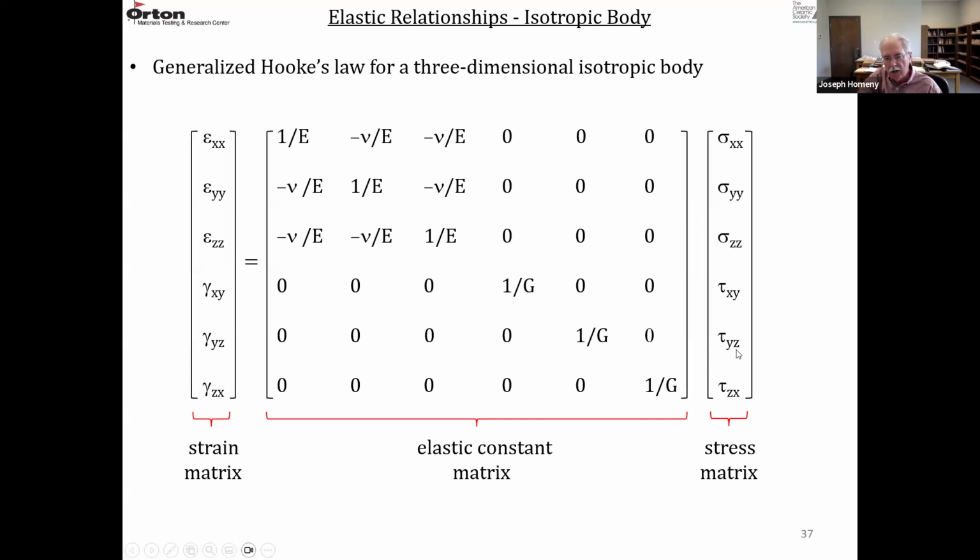So you can take this column, multiply it times the first row, and get epsilon xx, and do the same thing for all the other rows. So depending what stress you apply, or whether there's an actual stress there or at zero, you can get all these different strains based on the elastic properties.